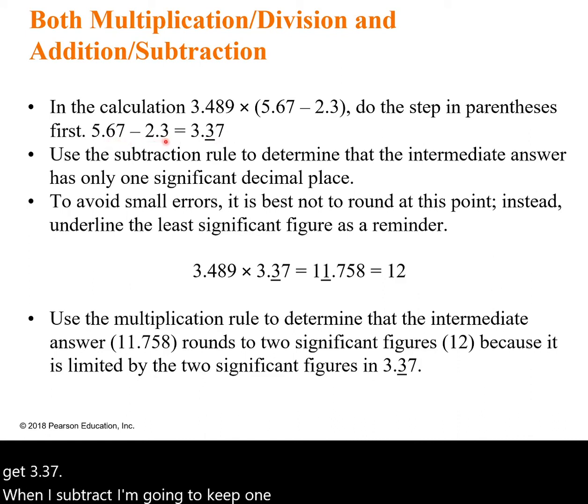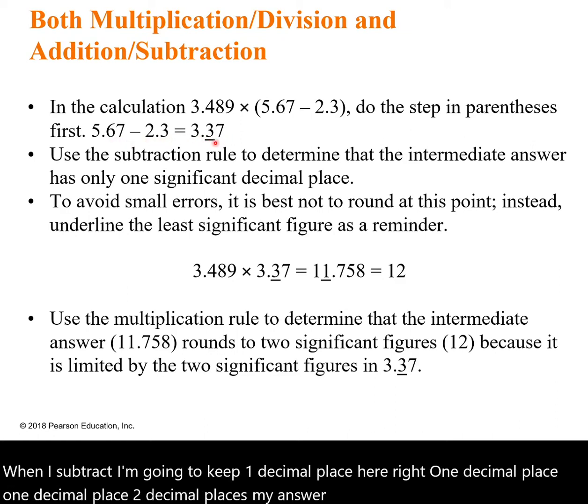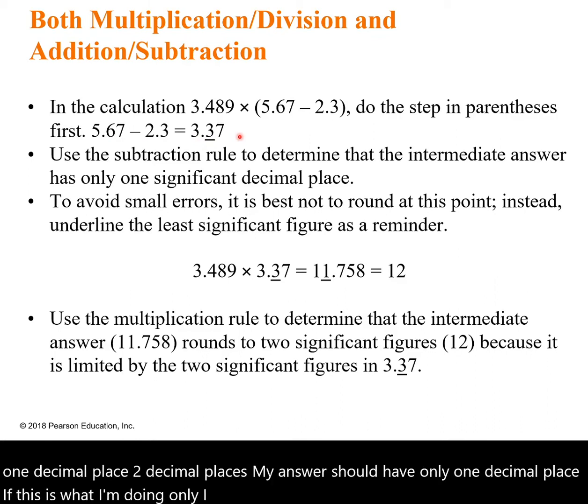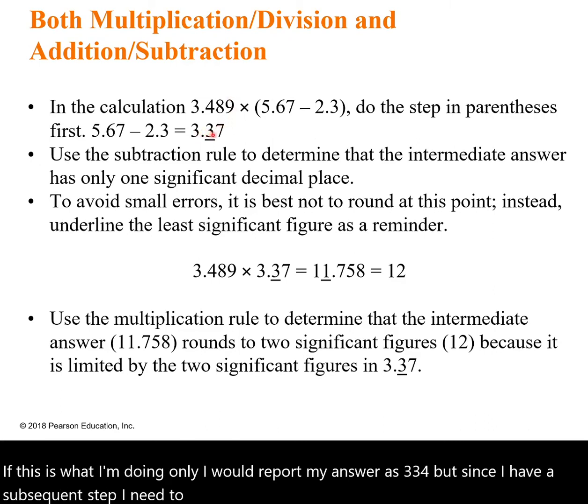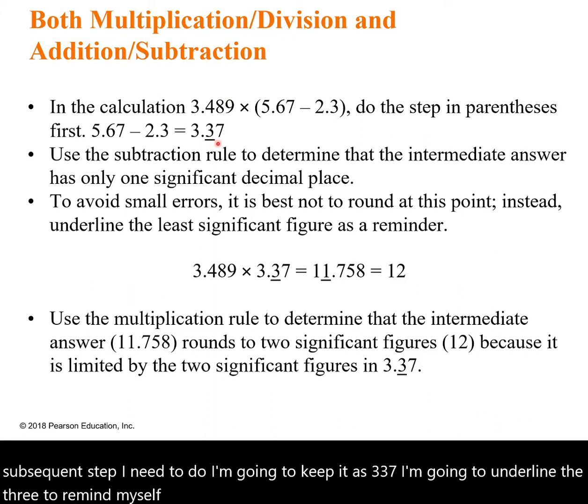One decimal place, two decimal places. My answer should have only one decimal place. If this is all I'm doing, I would report my answer as 3.4. But since I have a subsequent step, I'm going to keep it at 3.37. I'm going to underline the 3 to remind myself that I'm stopping at one decimal place.